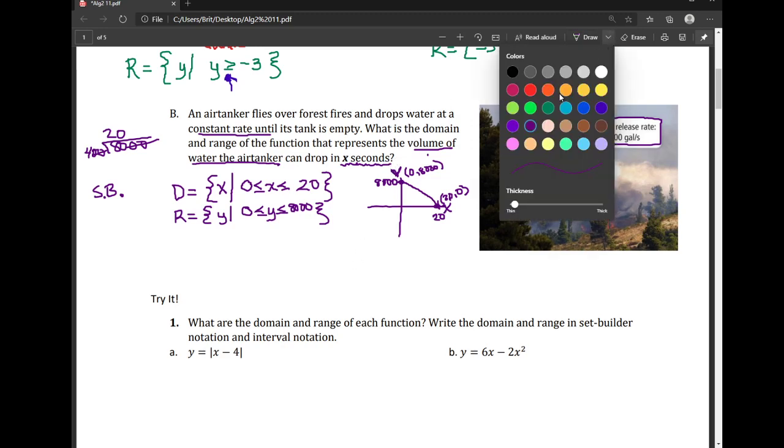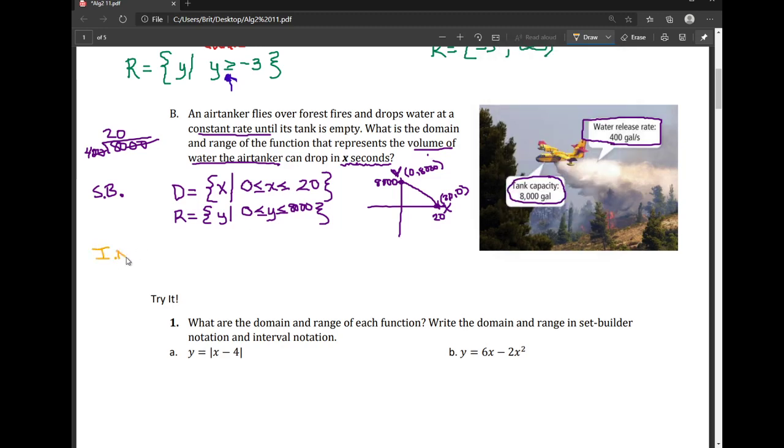Alright, so now let's show this again, but let's do it with interval notation. I'm going to call that IN. So my domain here contains these x values, right? I can have 0 seconds, and I can have 20 seconds. So I'm going to use those square brackets to contain that time frame. My smallest x value we said was at 0.